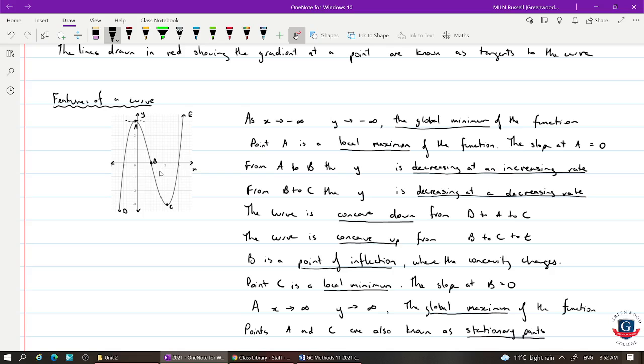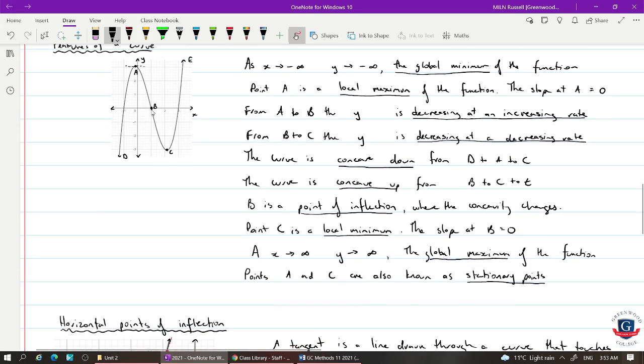The function is still decreasing, but it's now decreasing at a decreasing rate until it gets to here, where the slope again is 0. The curve is concave down from D all the way to B, and it's concave up from B to E. At B, we call it a point of inflection. It's where the concavity changes.